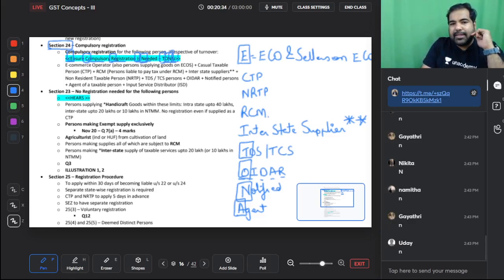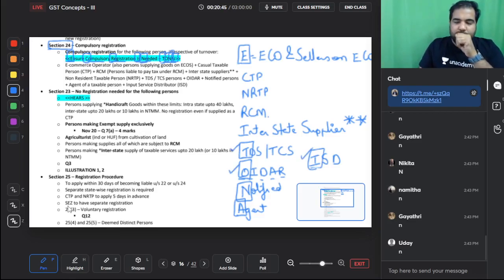Alright. And next is I. I is input service distributor. Again, guys, these three terms are only for CA final. Input service distributors are people, I'm just telling you in a nutshell because it's for CA final, who cannot take credit. Why? Because they don't have any outward supply. So the government allows them to distribute their input service credit.